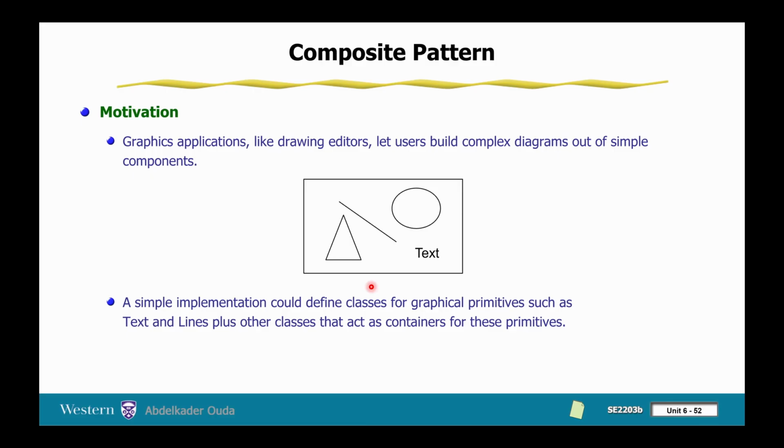It's not easy to implement if each of these parts or each of these objects has its own interface. The simple implementation is to have different objects for each of these: an object to draw a line, an object to draw a triangle, an object to draw a picture. To make things easy to grow and to be scalable, we need to make sure that these objects have the same interface.